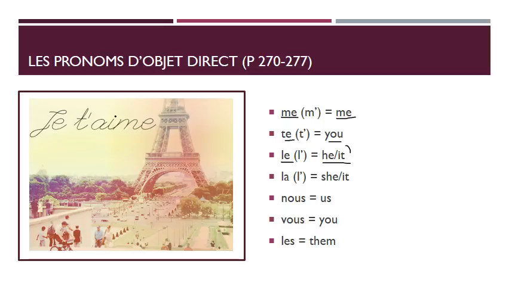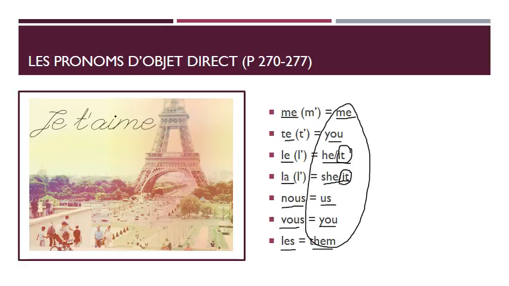Remember, this is any situation where it's masculine. She or it, especially in a feminine situation, is la, us, nous, you, the formal and plural version, vous, and them is les. So these are the words that we replace any of these words basically with whenever they are direct objects.